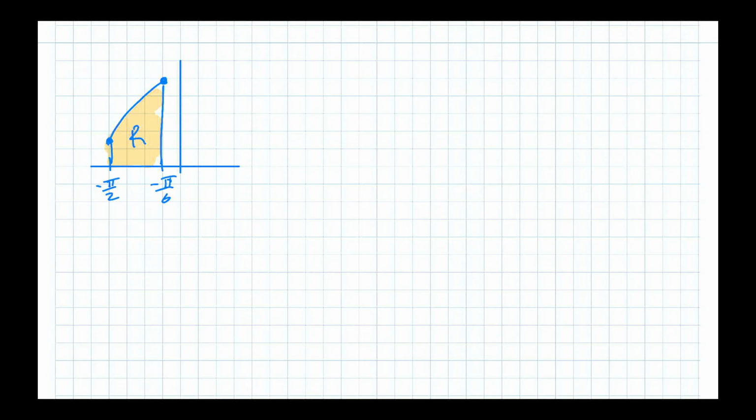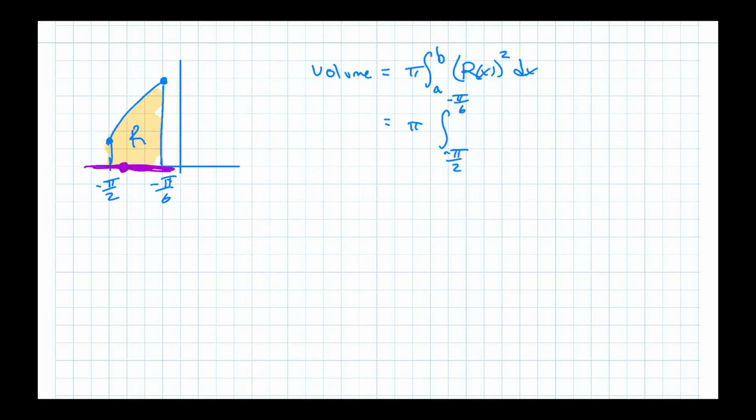We know that our volume, when you rotate that, is going to be an integral from a to b, pi, we can put the pi out there, r of x squared dx. We know the a and the b, seems obvious, negative pi over 2, negative pi over 6. The radius, you're measuring from the axis of rotation, which again is still the x-axis, so there to there.